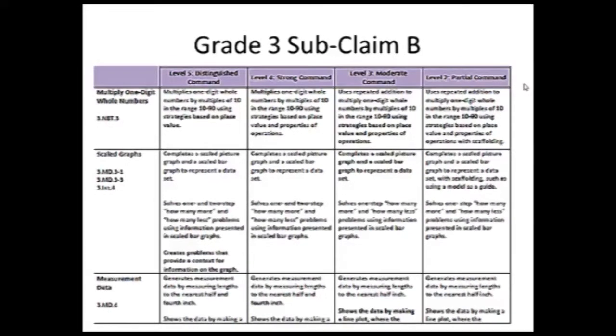Because what we're trying to help students understand is that complex relationship between shape and the measurement of that shape. So third grade subclaim B has a real connection to third grade subclaim A, and scaled graphs can certainly go along with some of the subclaim A information, as far as the measurement data that they're collecting.